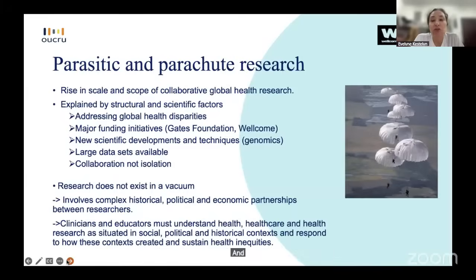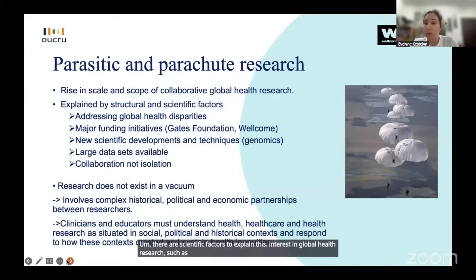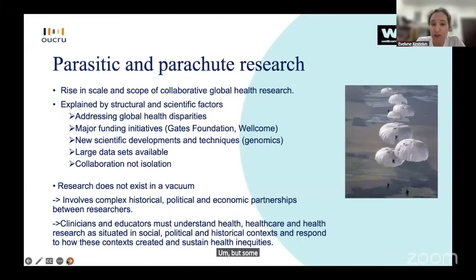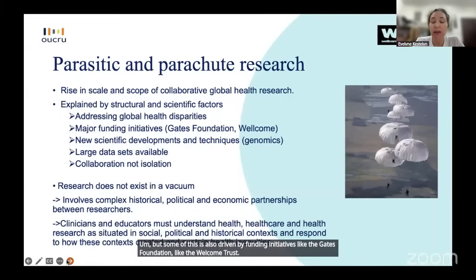And this is due to a variety of reasons. There are scientific factors to explain this interest in global health research, such as new scientific developments and techniques. But some of this is also driven by funding initiatives like the Gates Foundation, like the Wellcome Trust, who are really encouraging different researchers, different research institutions to work together.